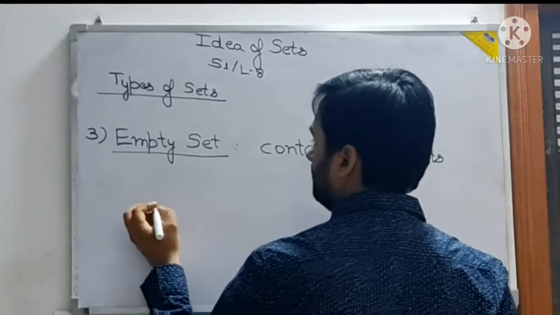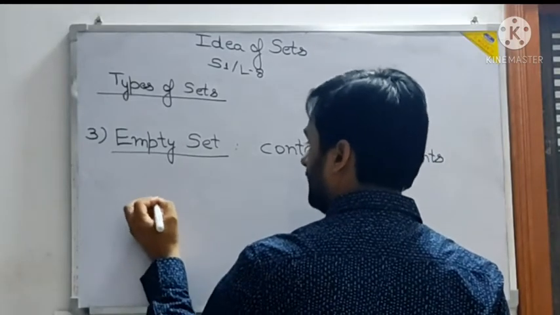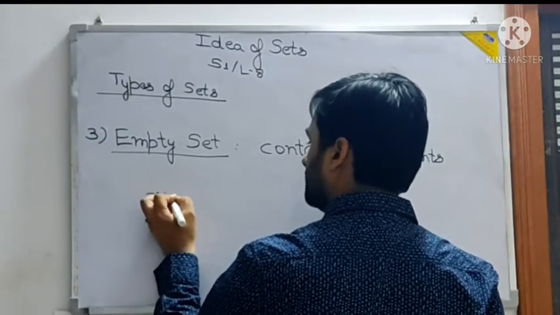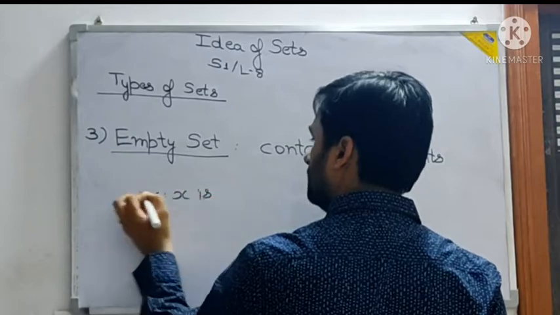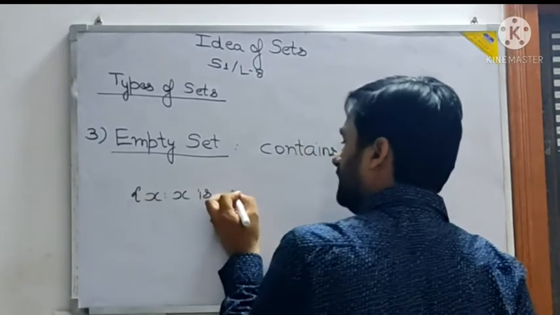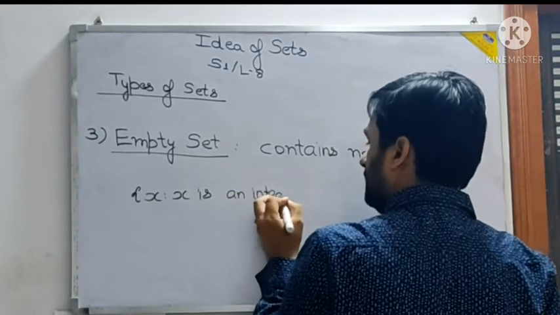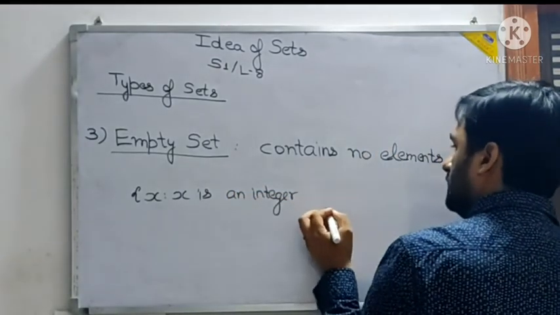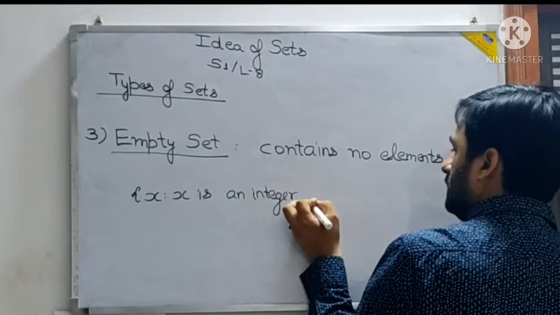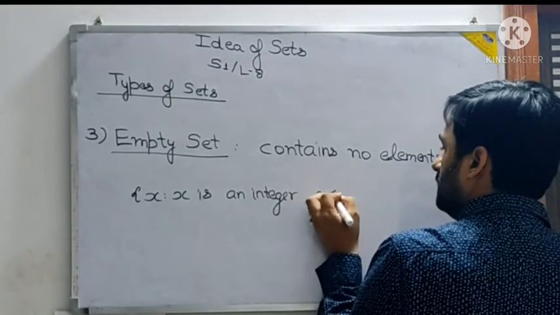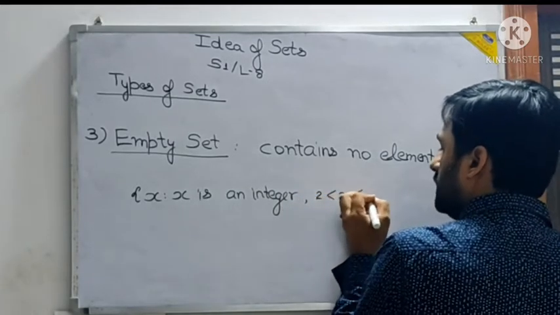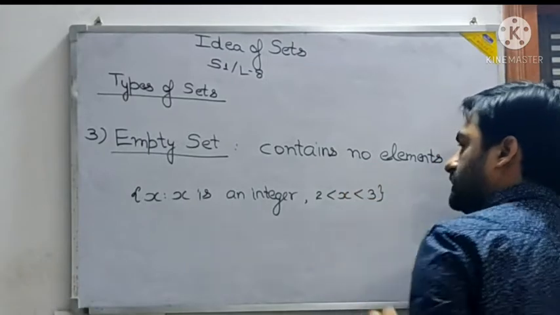Example: if I write x such that x is an integer and x is more than 2 and less than 3.